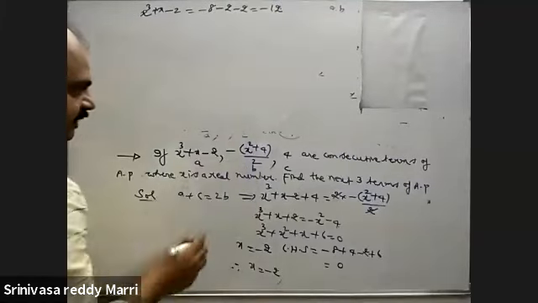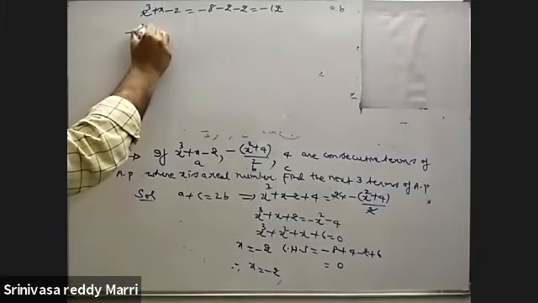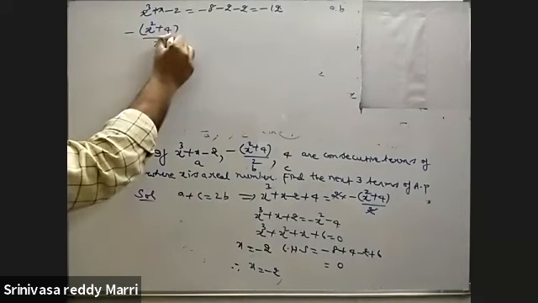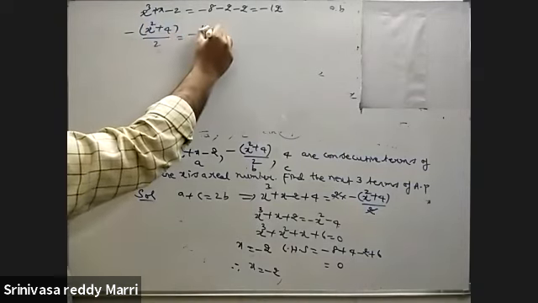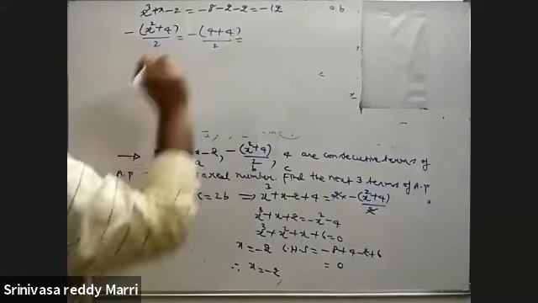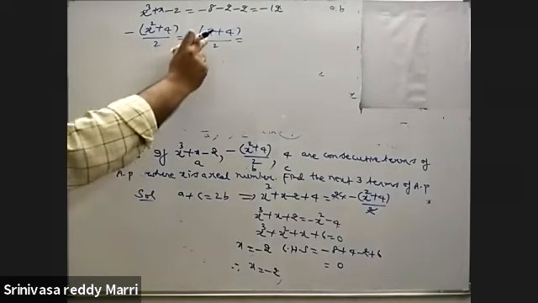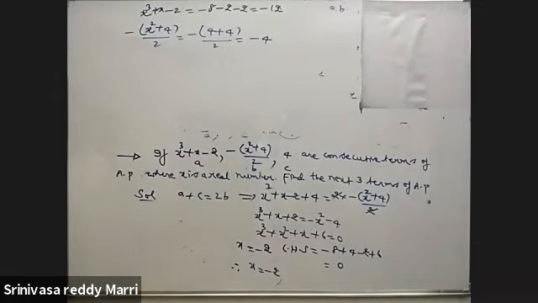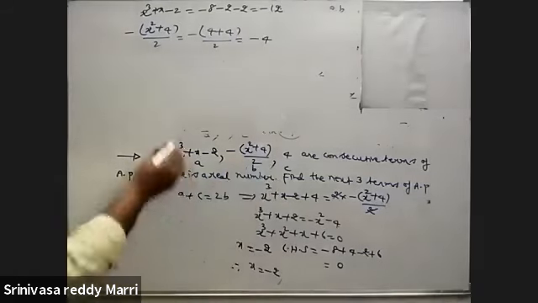Now you can calculate minus of x square plus 4 divided by 2. x is minus 2, so minus of 4 plus 4 divided by 2, minus 8 divided by 2, that means minus 4. This one is 4 only.